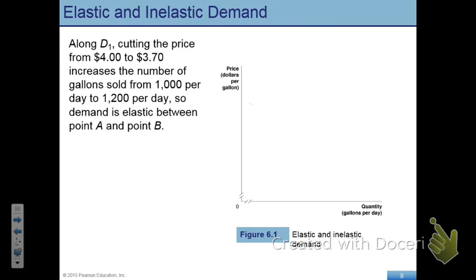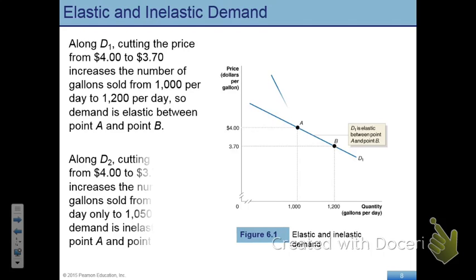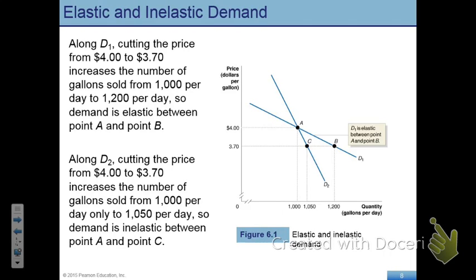We also spent a little bit of time trying to understand what these numbers really tell us. What do we mean by an elastic demand curve? What do we mean by an inelastic demand curve? We said that if you compare D1 and D2, D1 is a more elastic demand curve.